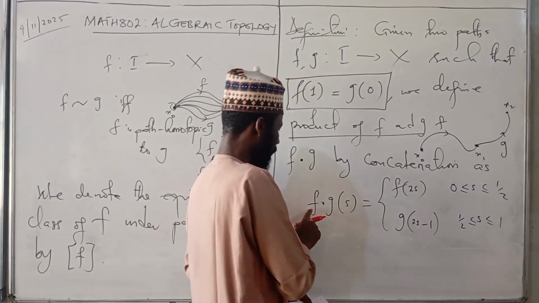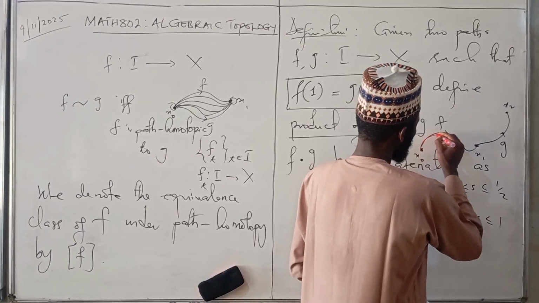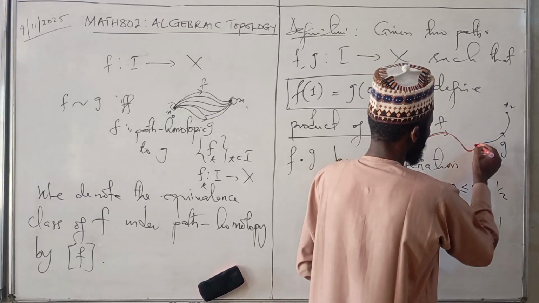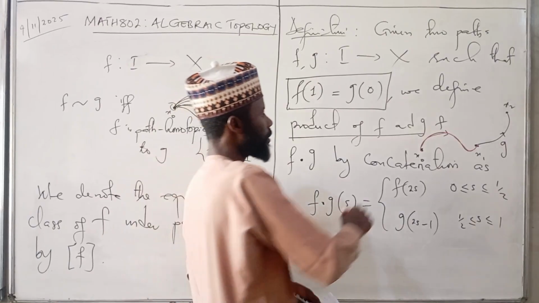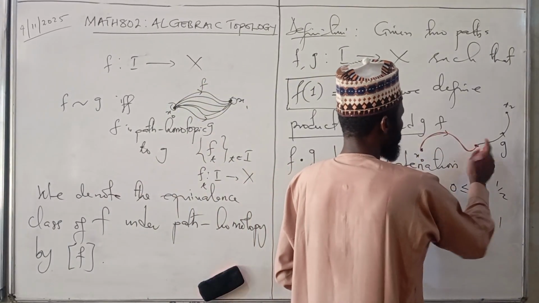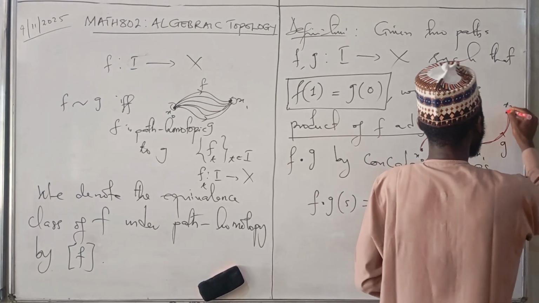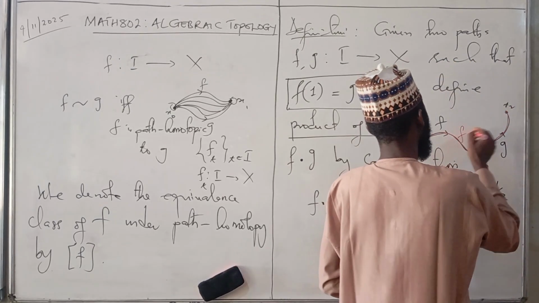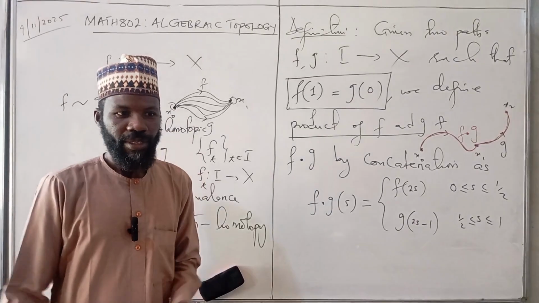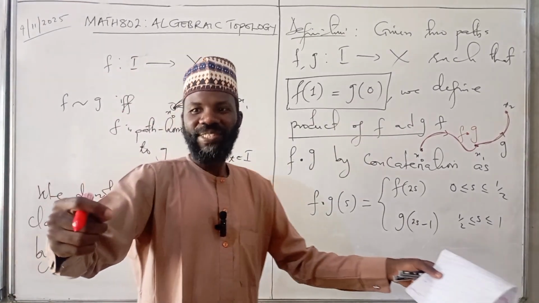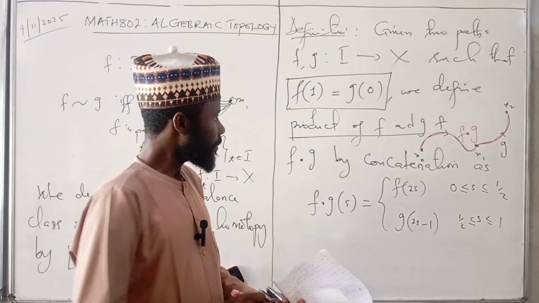But f times g will follow through f, but you double the speed. So in half an hour, you arrive at x1, and then in the next 1 hour, you arrive at x2. So the red is your product, and the domain is still 0 to 1. Is that okay?